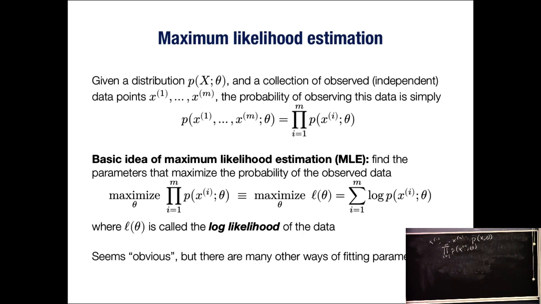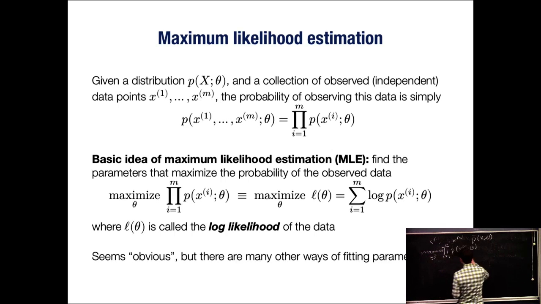And all maximum likelihood says is, I'm going to pick, as kind of the obvious thing, the theta that maximizes that probability. This is sometimes hard to work with. This term here, it's a product of terms, can be kind of hard to work with.